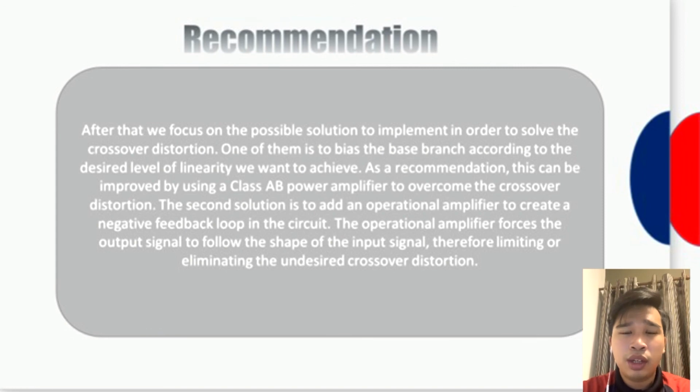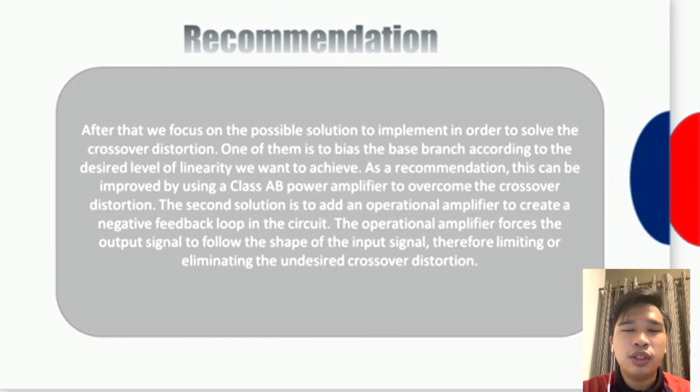Recommendation. After that, we focus on possible solutions to implement in order to solve the crossover distortion. One of them is to bias the base branch according to the desired level of linearity we want to achieve. As a recommendation, this can be improved by using a Class AB power amplifier to overcome the crossover distortion.